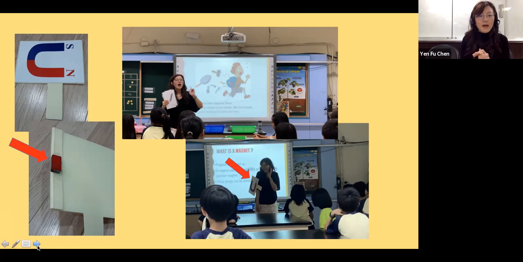Then I asked students, how about me, Teacher Lulu? Take a guess. Most of the answers said, of course not. Some naughty children said, yes. So I put the big magnet close to my arm and let them witness the magnet attract to me.